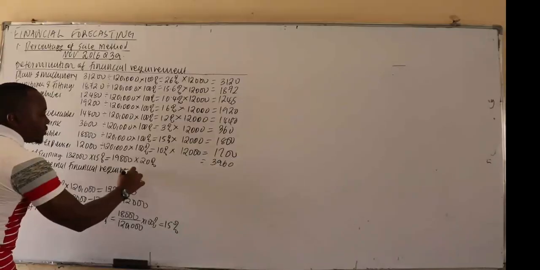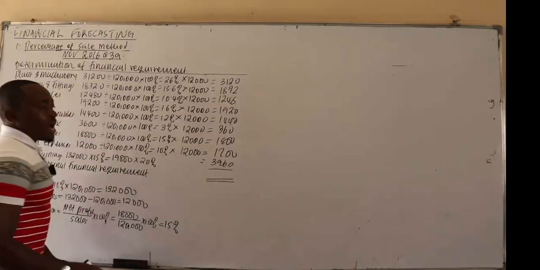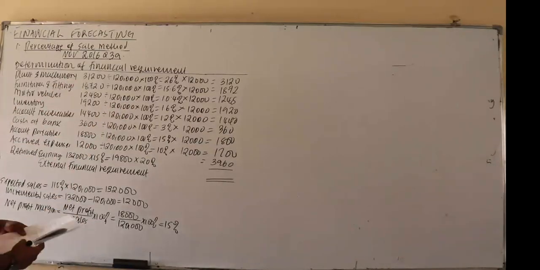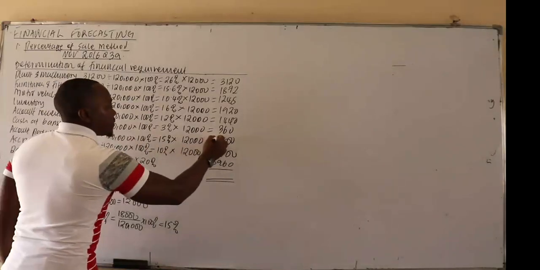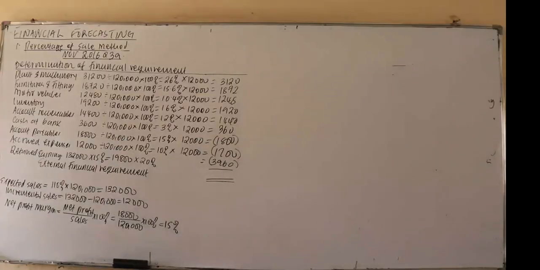And then we can determine our external financial requirements. To determine the external financial requirement, you take the increase in assets, then deduct the increase in liabilities, 18, 12, and the retained earnings. So how much do you expect to borrow in the next financial year?